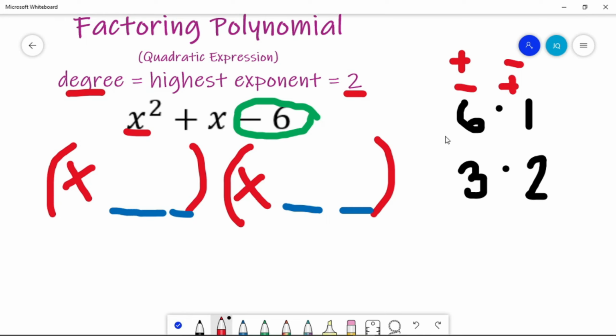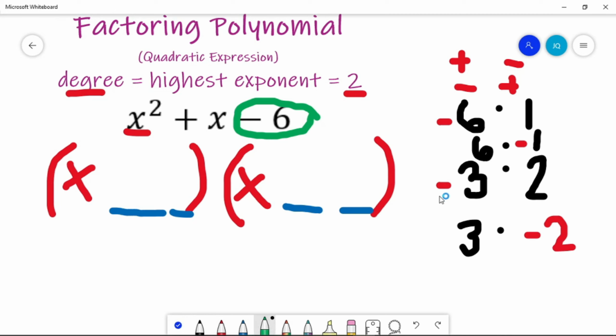So we could have negative 6 times positive 1, or positive 6 times negative 1. Also, it could be negative 3 times positive 2, or positive 3 times negative 2. Negative 6 times 1, that's negative 6. Positive 6 times negative 1, that's negative 6. Negative 3 times positive 2, that's negative 6.